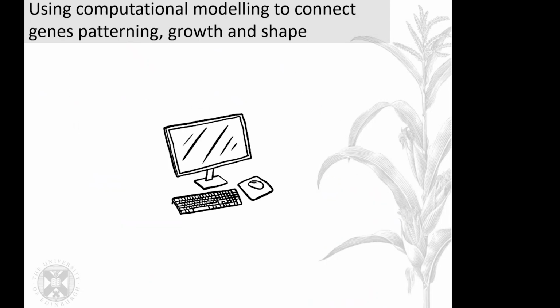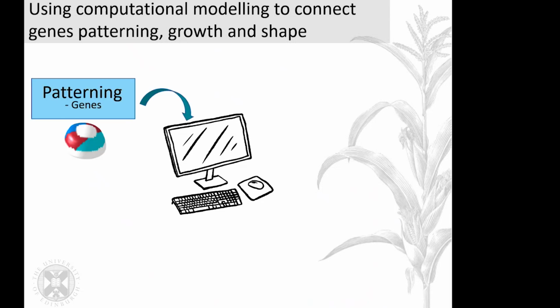And it's a difficult thing to do because we can't break down a grass plant to its finite components and then rebuild it in the lab. So what we do instead is we use computational modeling because we can build a digital plant from basics up and find out what is the most important parts.